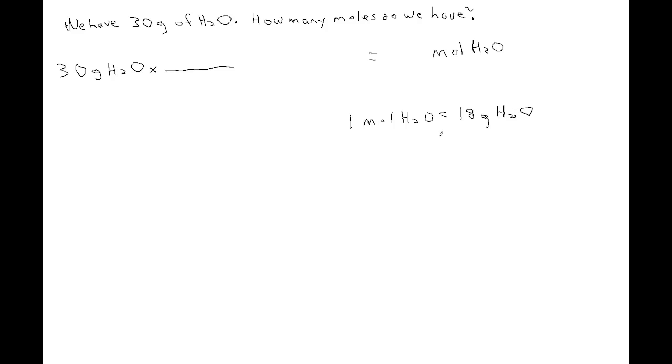Okay. Now the next step, and this is where I think this is where a skill that you haven't maybe built yet. Now we have to write a conversion ratio from this. This is what we could call an equivalency, because we're saying these two things are equivalent. That always allows you to write 2 different conversion ratios. So one conversion ratio we could write would be 18 grams water per 1 mole water.